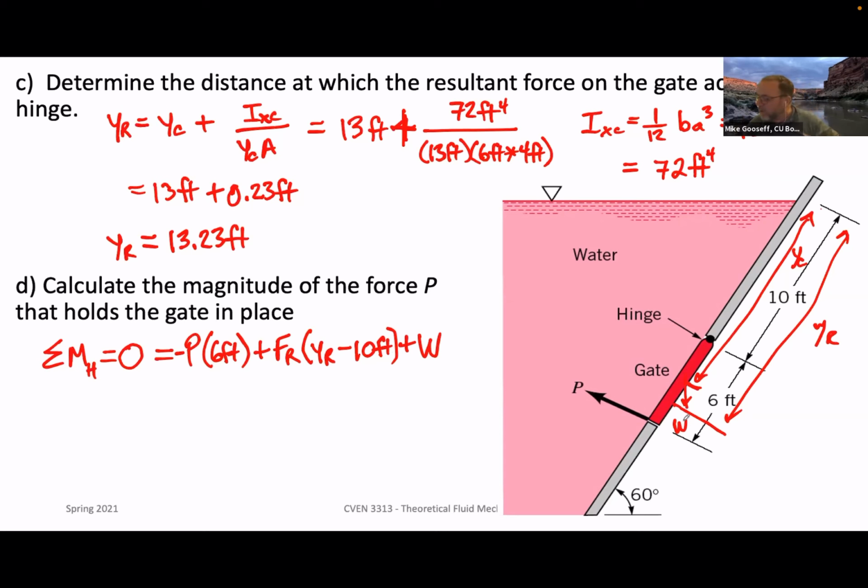So we want the component that's acting normal to the gate. So I'm just going to call this W sub x and multiply that by 3 feet. So my solution for this is actually incorrect because I didn't include the weight component here. So I'm going to end it there. But basically, you would figure out your trig to know whether you're getting the cosine or sine of that weight component that would be normal to the hinge to include.